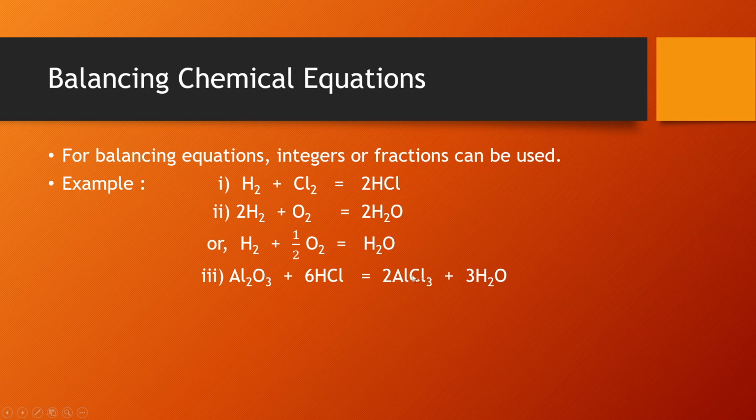Chlorine here is 3 and we have already put 2, so there are also 6 chlorine atoms here. So we just have to put the value 6 beside hydrochloric acid. So both the left side and the right side will be balanced. This is the example of balancing chemical equations.